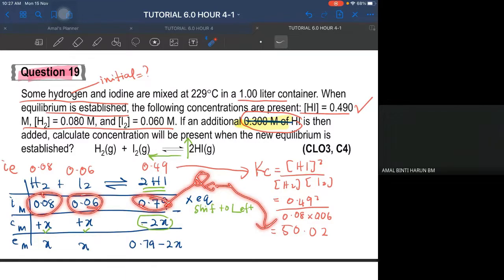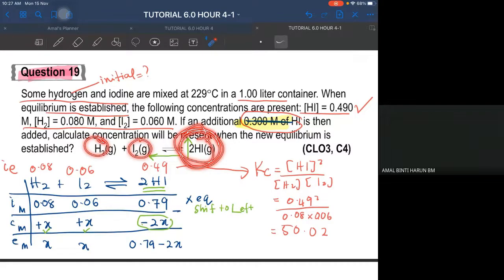You should get Qc greater than Kc, so it will shift to the left. Even without calculating, logically, according to Le Chatelier, if you add more product, the product will reduce to form more reactant.